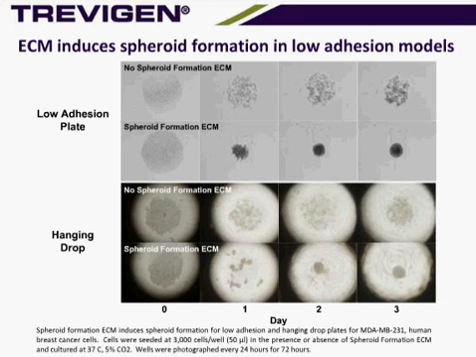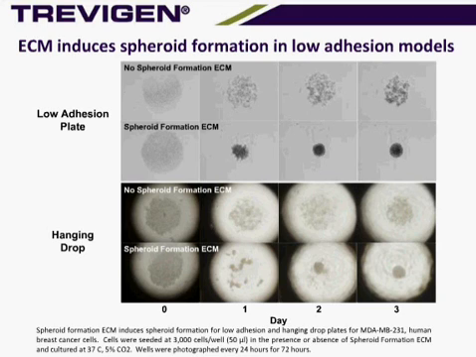Similarly, with the hanging drop, which I mentioned before, it dates all the way back to 1907, we see that in the absence of the spheroid ECM, these are for MDA MB231 cells, there is no spheroid formation, and then when we add the ECM proteins, we do get spheroid formation over the 3-day period.